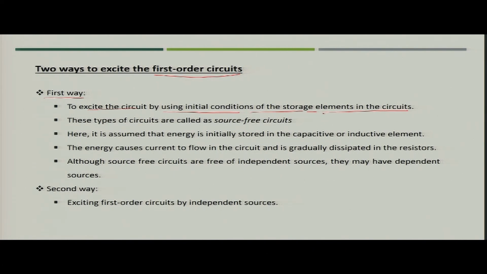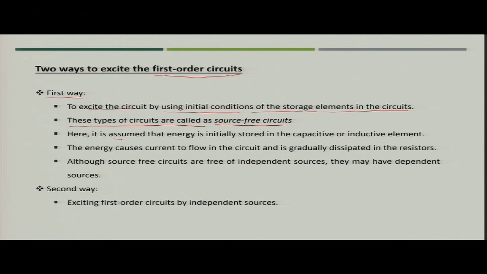There will not be any external voltage or current source to provide the energy. These types of circuits are called source free circuits because we do not have any external source available. We have the capacitor or inductor in the circuit with some initial energy stored.